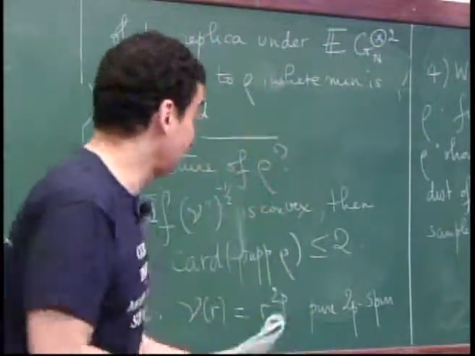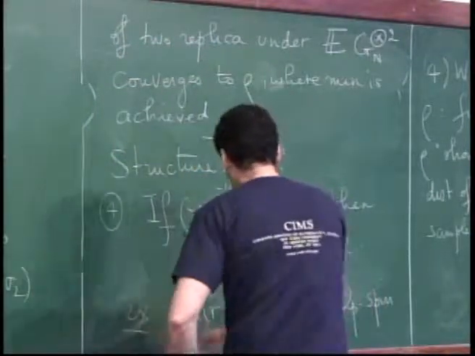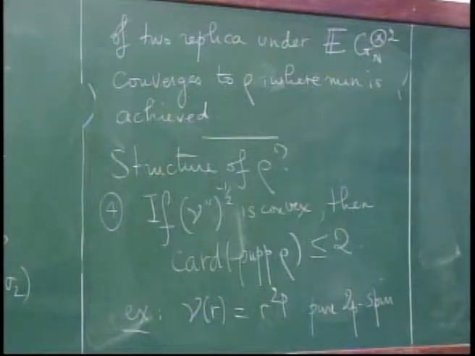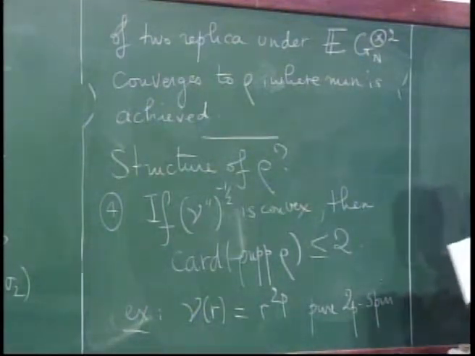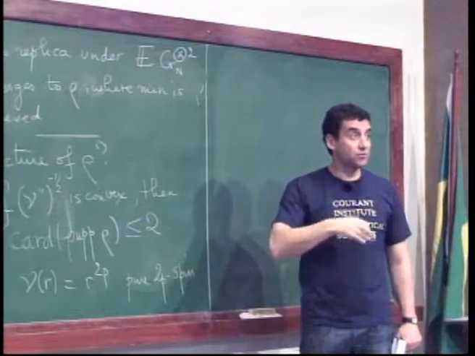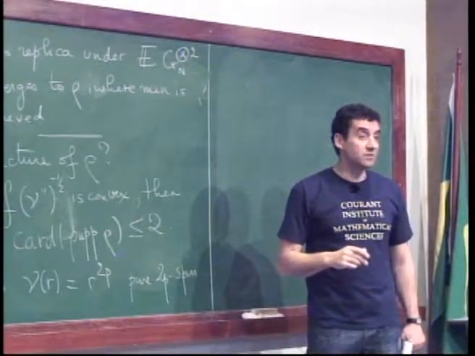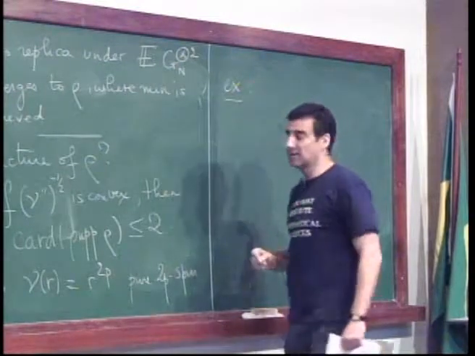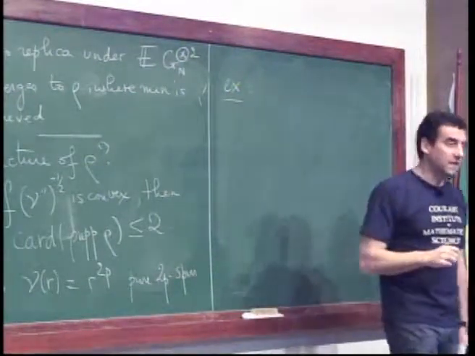But that's for the pure case. It's absolutely not true that it's always one-step replica symmetric for the spherical case. There are many cases where, in fact, the answer is full, that is, this rho has a continuous part. Here's an example that Talagrand gives.